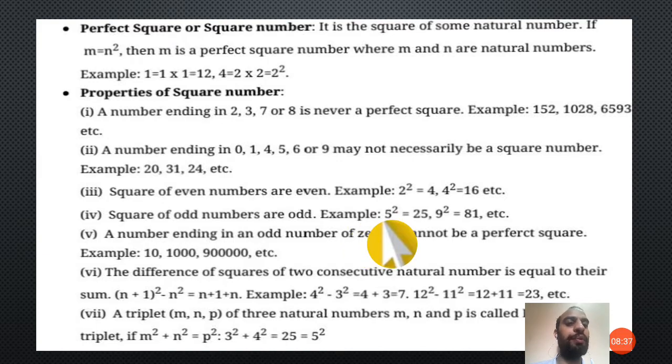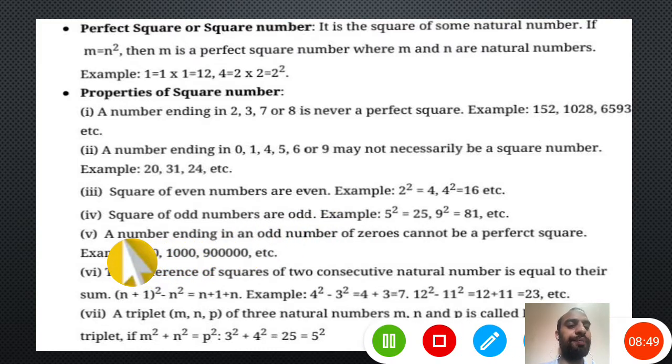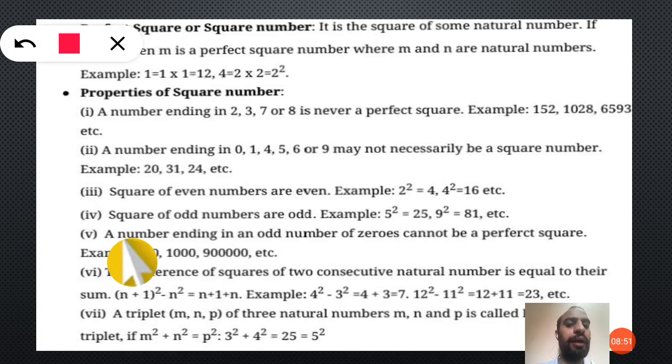Here 5 is an odd number, its square is 5 times 5, 25, which is also odd. Take 9: 9 times 9 is 81, and 11 times 11 is 121. This is also an important part. If you have an odd number, after squaring you will get odd. If you have an even number, you will get an even number after squaring.